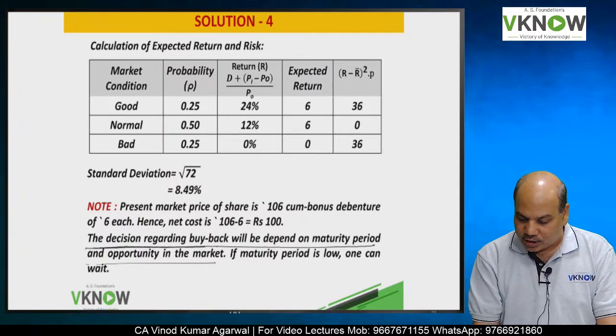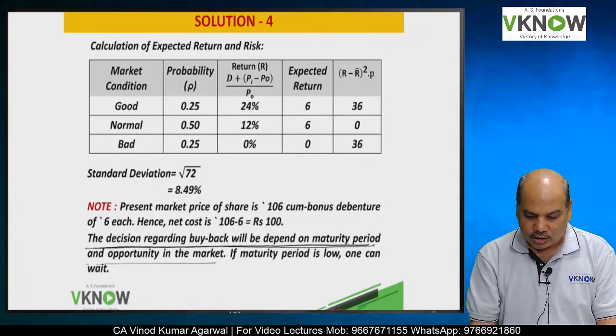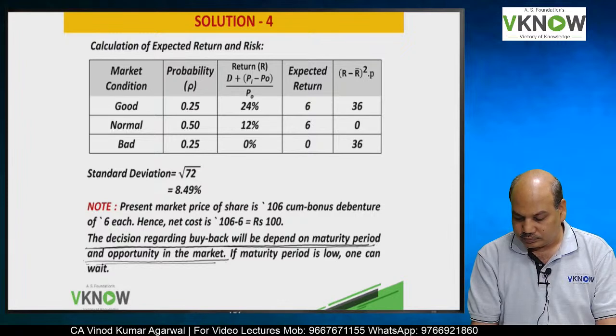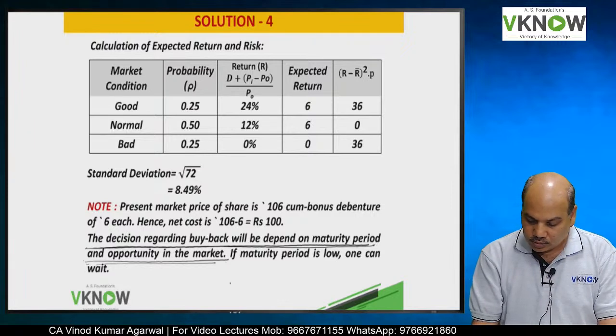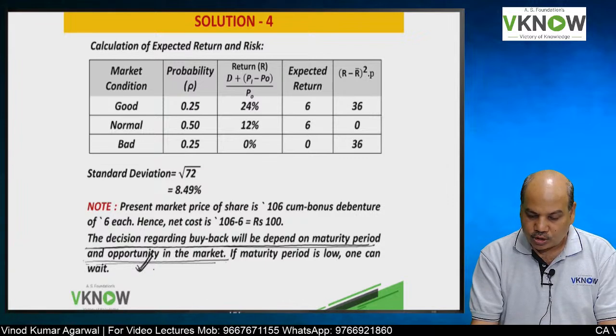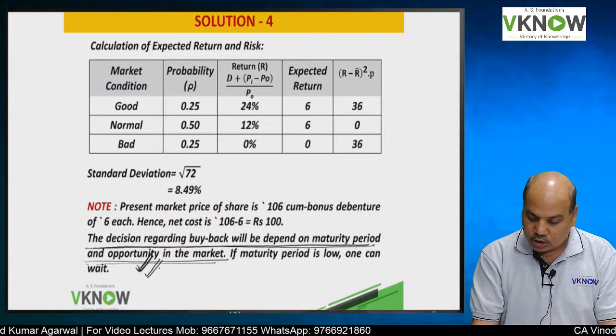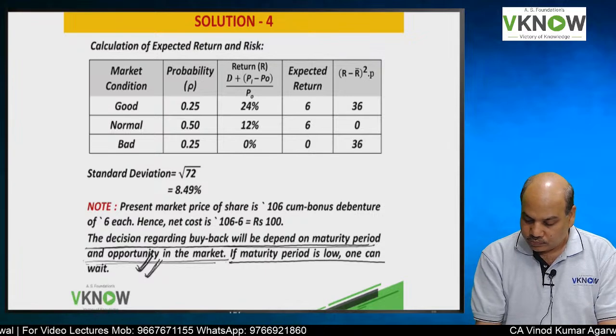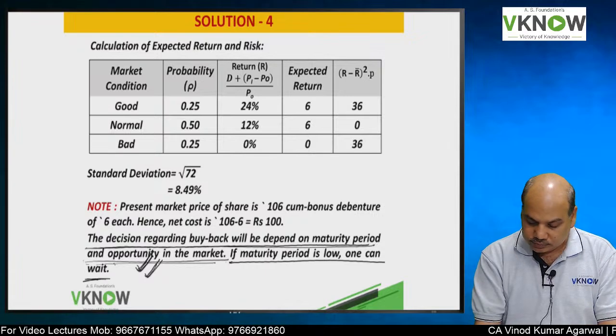So the decision regarding buyback will depend on, write down, maturity period and opportunity in the market. As I told you, if the opportunity cost is high, more than 10%, you can opt for buyback. Again, if the maturity period is low, one can wait.